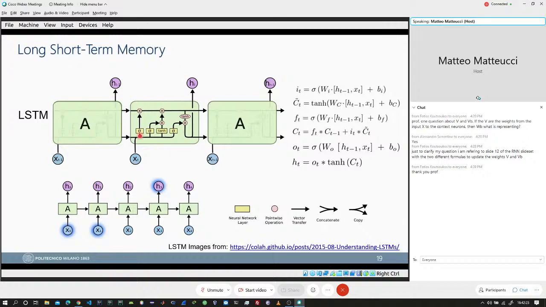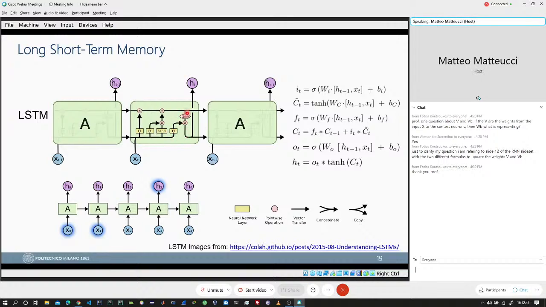complex, because the memory, which is represented by this line, gets cancelled by what is called forget gate, gets some input here, which is weighted by the input gate, and the output here is weighted by the output gate.